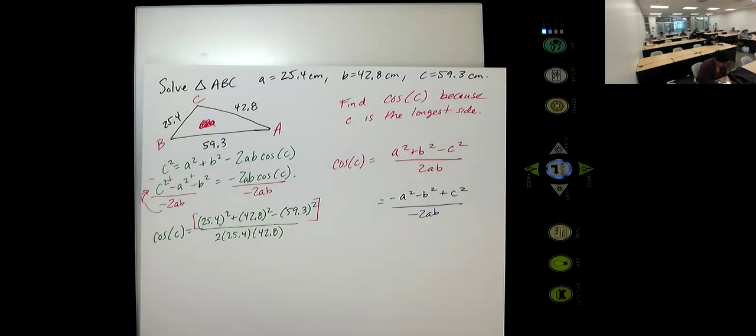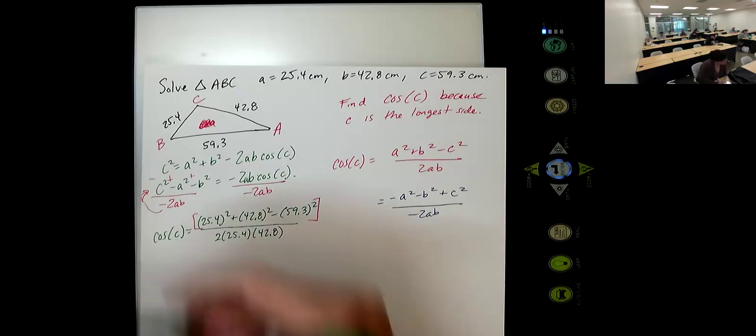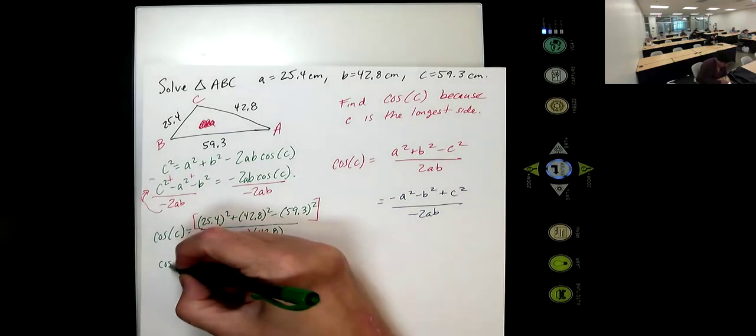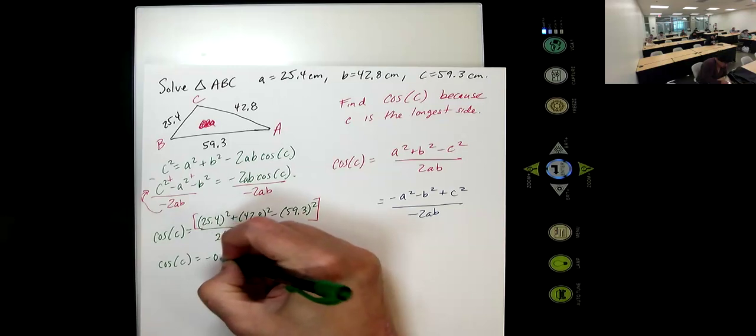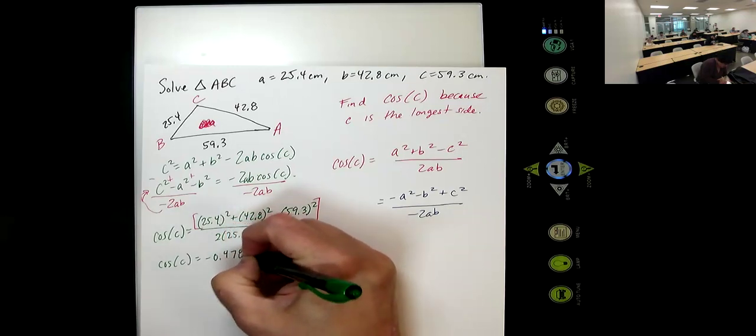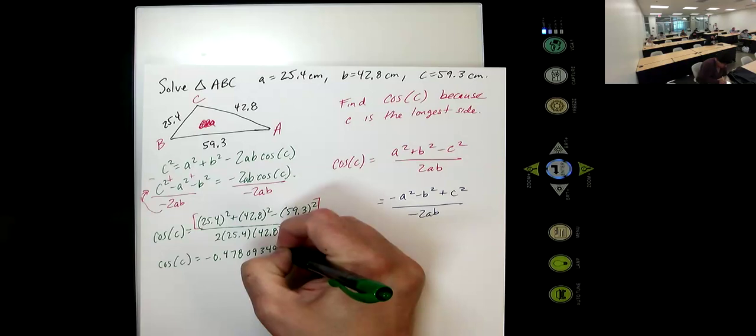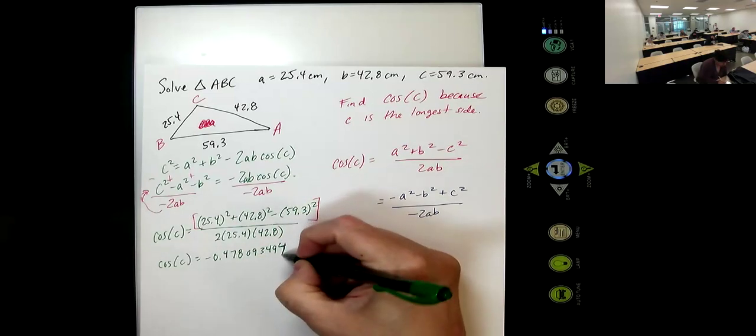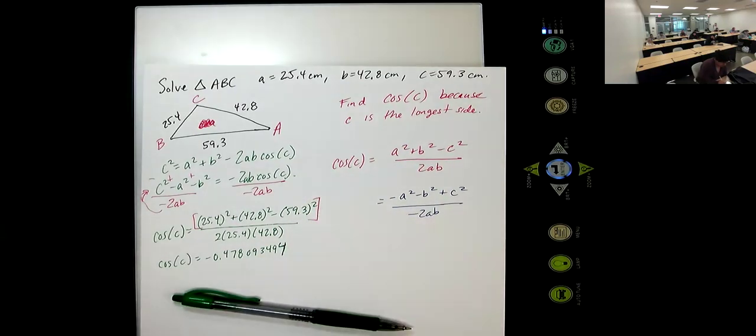And parentheses divided by start parentheses, 2 times 25.4. So I'm getting cosine C is negative 0.478093.494. And I'm gonna do that again real quick, just to make sure I'm right.